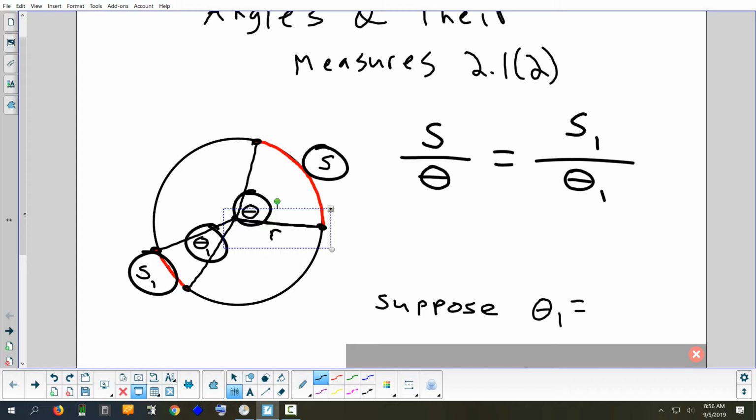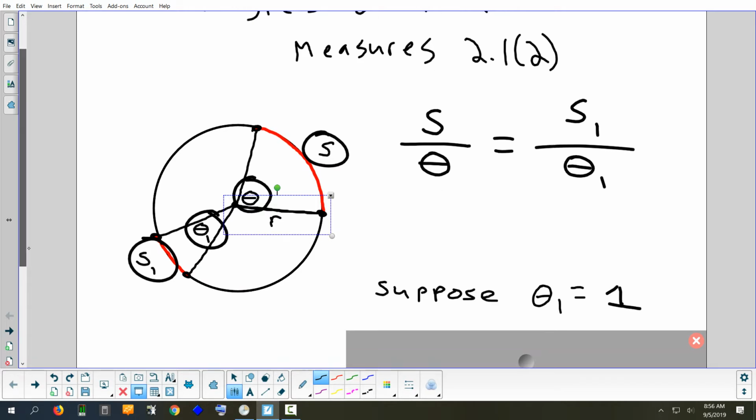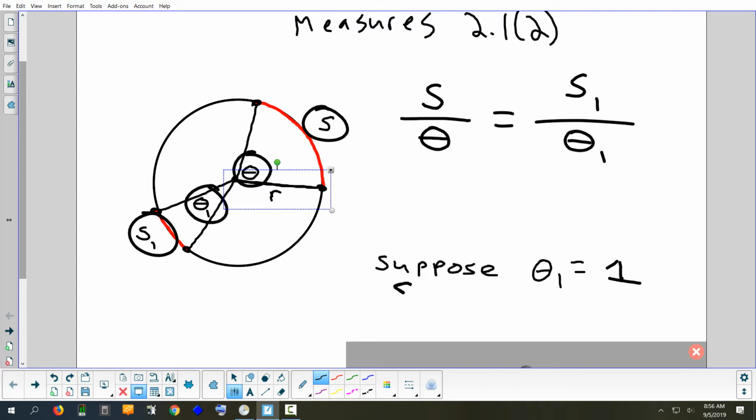Yep. Is it like pi over 6 or something? No, not pi. Doesn't have pi in it. That's a good guess because radians use pi a lot for other things. Yeah? 1, yes. If theta 1 is 1 radian, then it automatically makes S1 the same size as the radius.